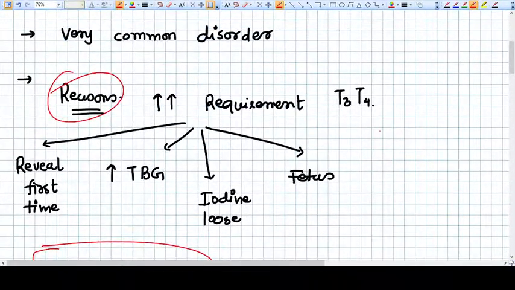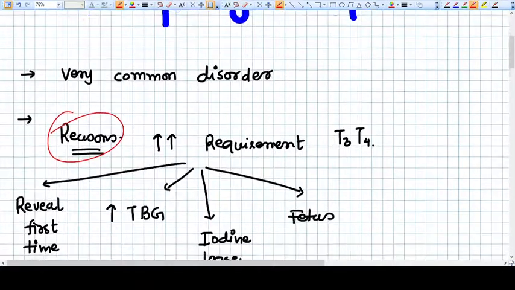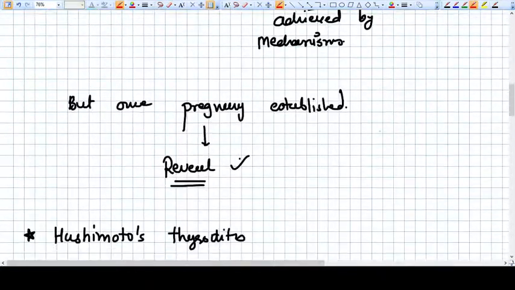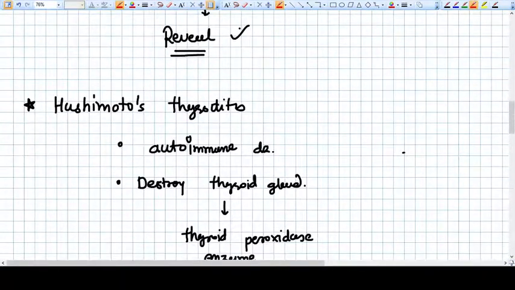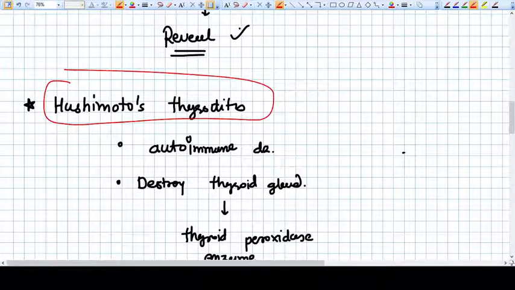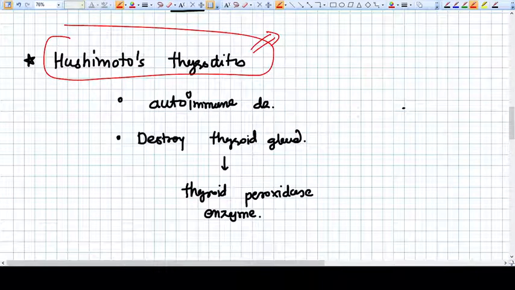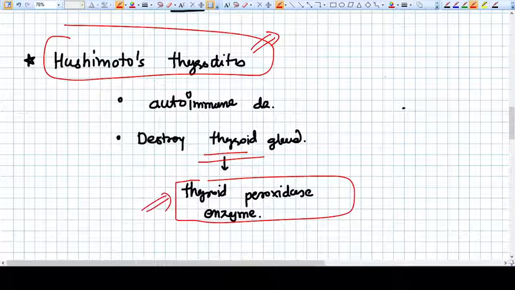Also, in developed countries the most common reason would be Hashimoto's thyroiditis. Hashimoto's thyroiditis is an autoimmune disorder, and it destroys the thyroid gland. The antibodies are against thyroid proteins, like the thyroid peroxidase enzyme.